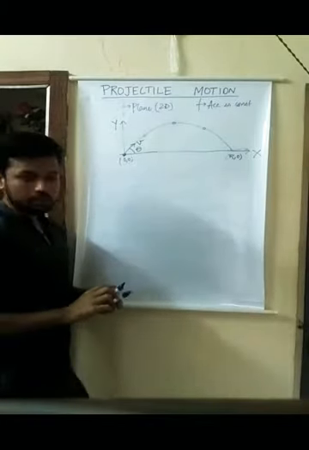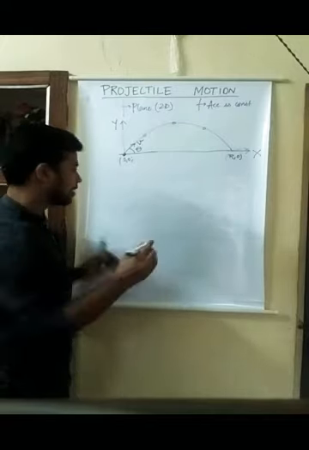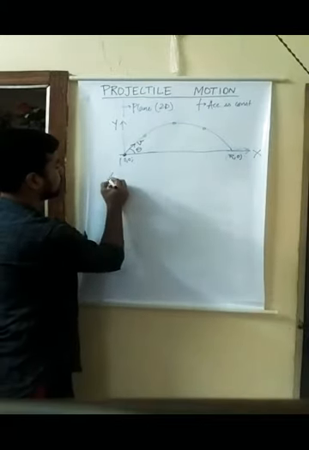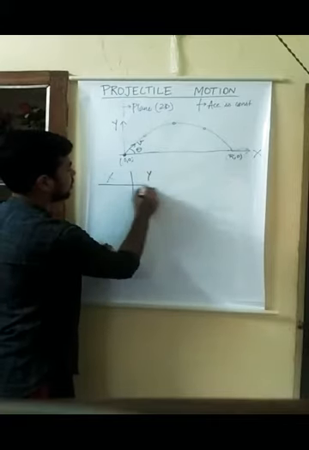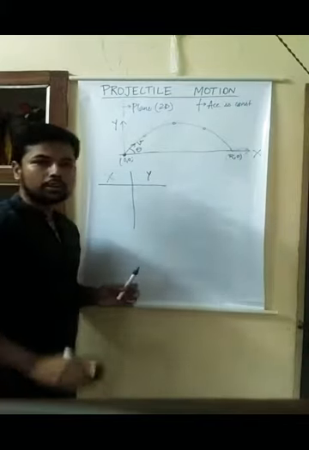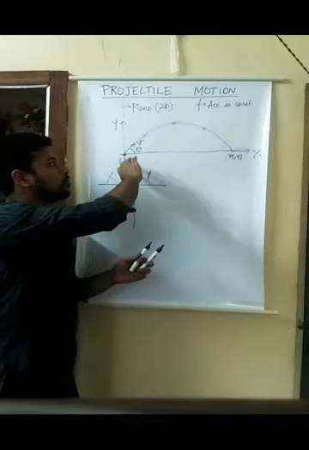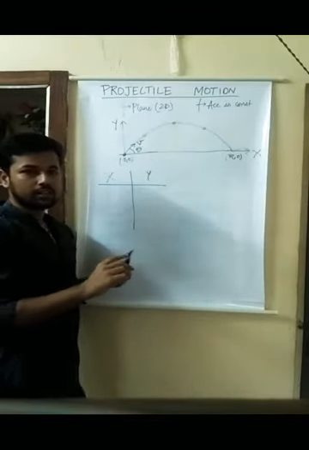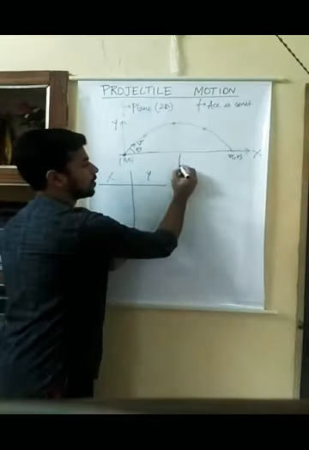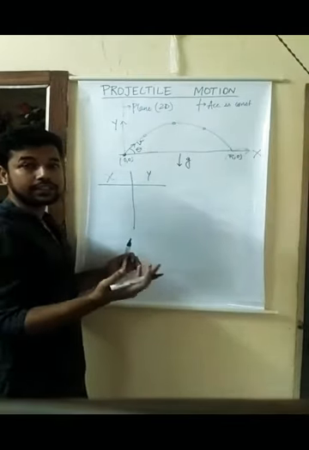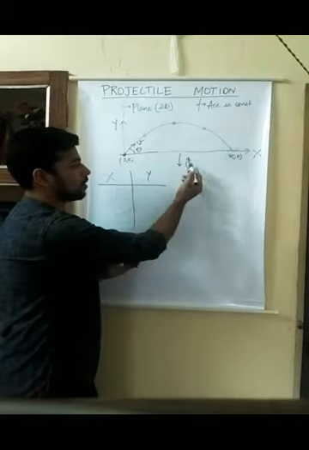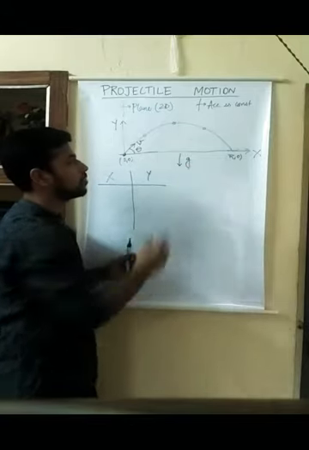Okay, so let us see what's happening in the x direction. As I mentioned, this projectile is near Earth and it is facing a gravitational force, and the acceleration due to gravity is g.